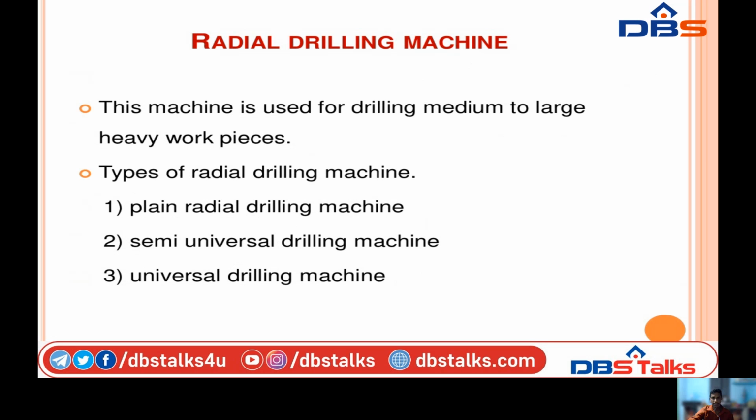That is the radial drilling machine. It is used for medium to large heavy workpieces. Types of radial drilling machines: plain, semi-universal and universal. The universal drilling machine is used for all works, and universal drilling machines are preferred for all industrial purposes.